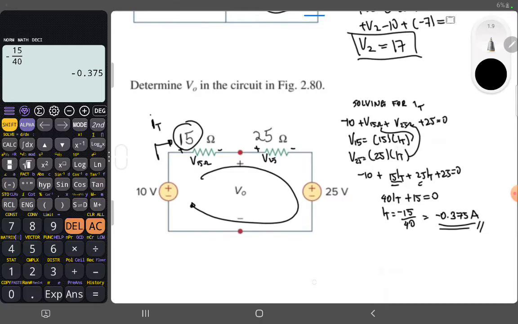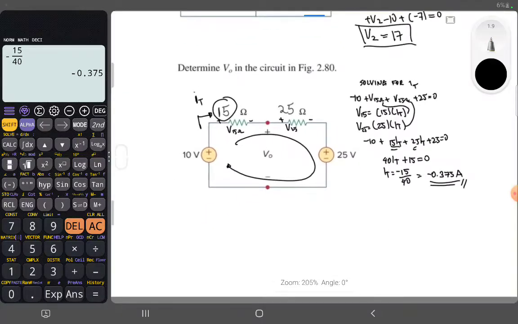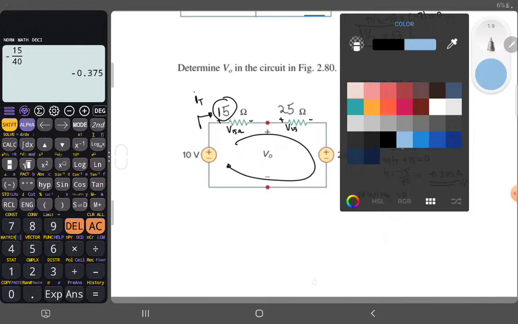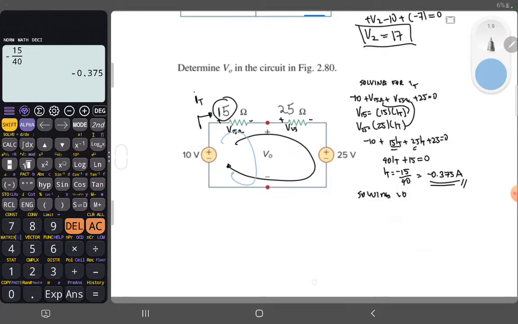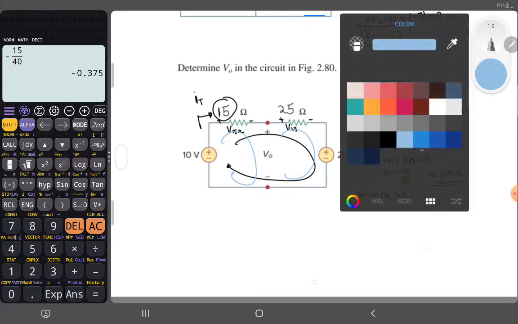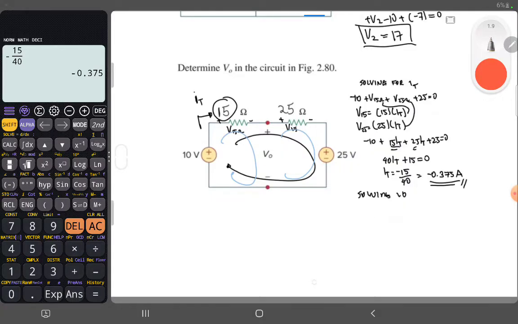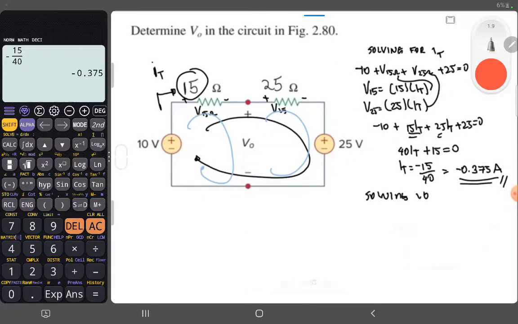Pwede nating solve yung VO. What is our VO? So solving for VO, may dalawang paraan. It's either mag-KVL tayo dito or mag-KVL tayo dito, which is parehas laman. Okay, so from that, my path will be, ito muna tayo.